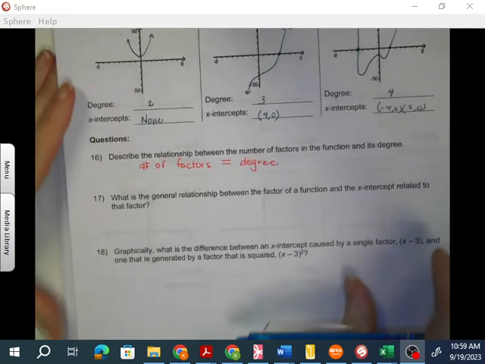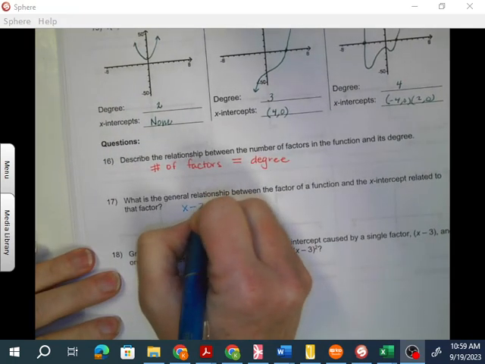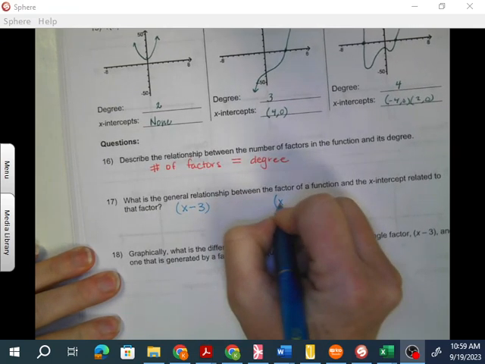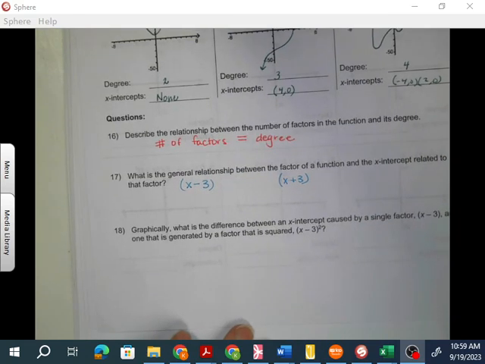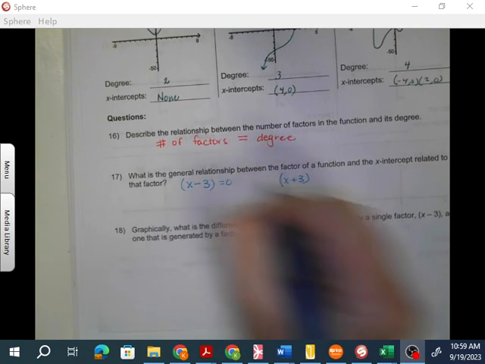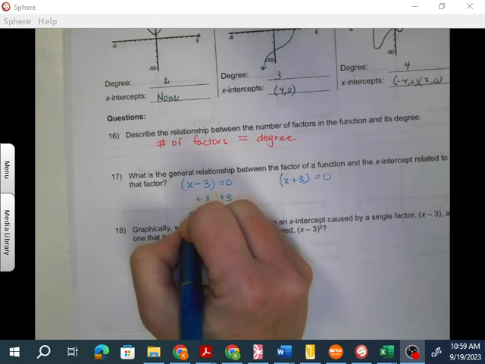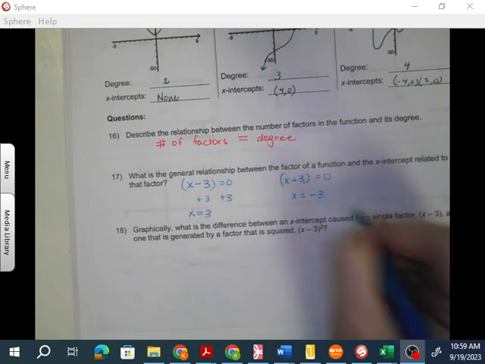So let me show you why. If I have x minus 3 as my factor, and I have x plus 3, those are factors. If I were to solve those, to figure out what x is, I would set them equal to 0 and add 3 to both sides, and that gives me x equals 3, and this would give me x equals negative 3.